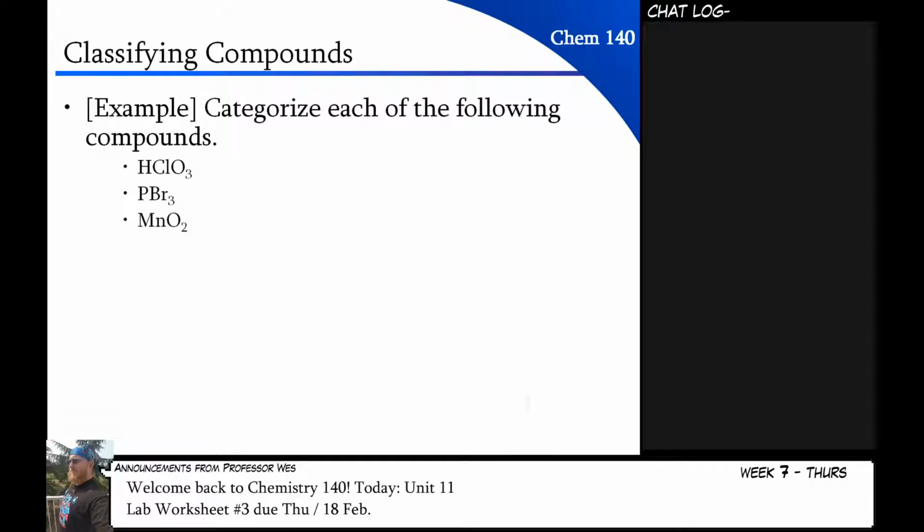All right, so let's categorize these compounds into the appropriate category. So I'm going to just go looking for, I need a darker color because I can't see it on this monitor. Yeah, that's better. Okay. I'm going to go looking for things that would distinguish what this is. So acids are super easy to distinguish. Does it start with H? Yeah, here's the H. So this one must be an acid.